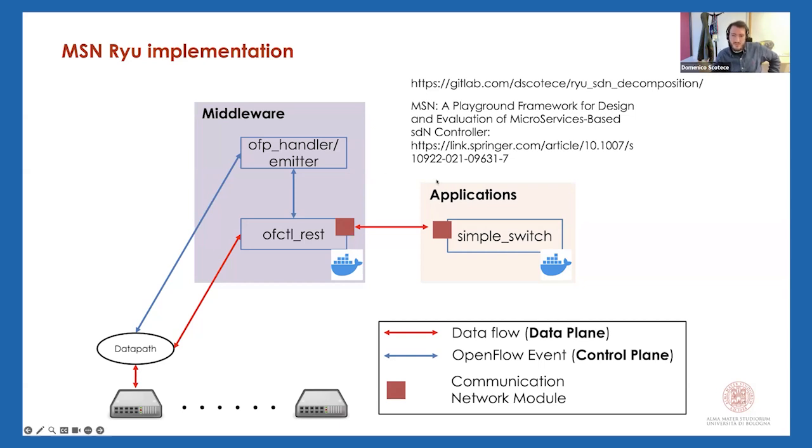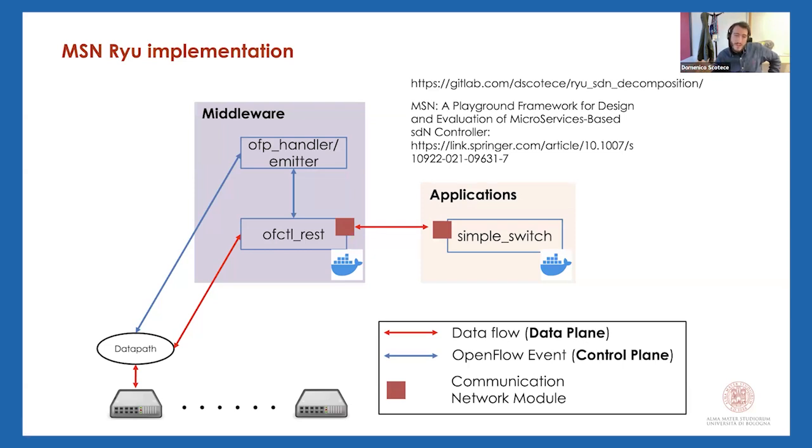Let's say simple switch is a routing application, an application inside the SDN controller, as is an external application with REST. For instance, with a REST interface, we can transform an OpenFlow event into a REST API.